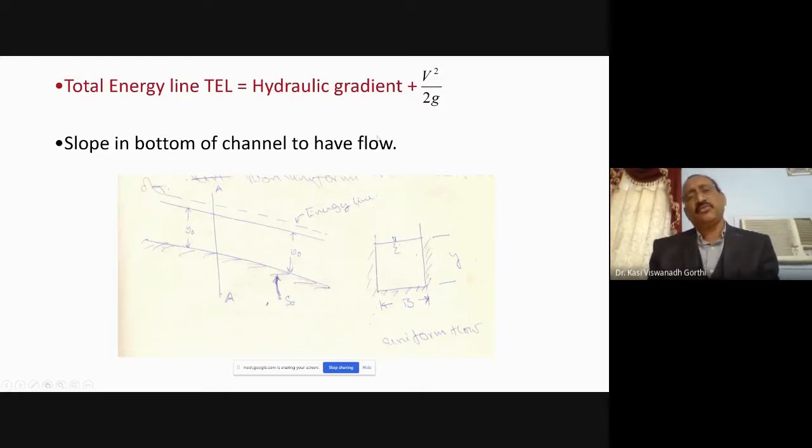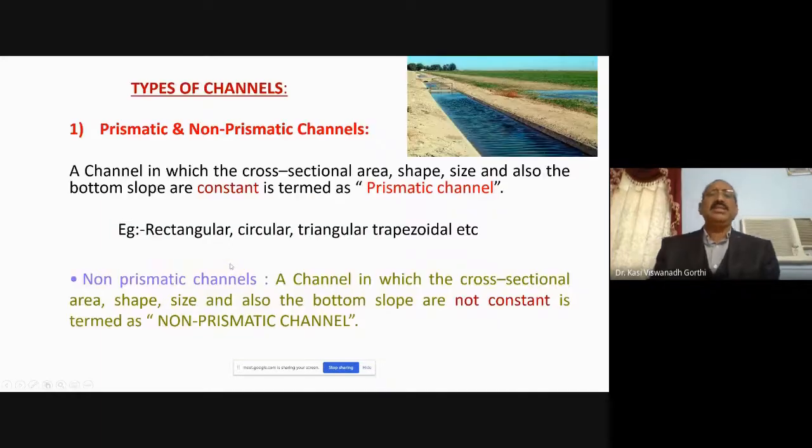So to have the flow, a longitudinal slope at the channel bottom is provided. So with this brief introduction, comparing with the pipe flow which we have already studied, we made certain introductions to open channel flow in terms of a few definitions like hydraulic grade line and total energy line.